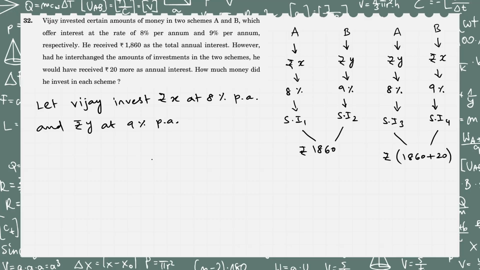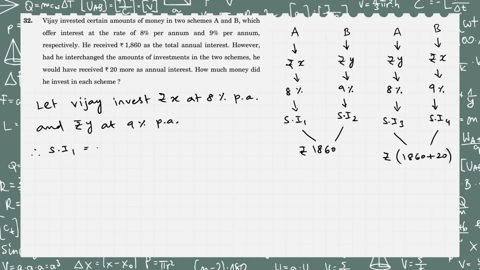So after that we have to find out the simple interest obtained from both the schemes, right? Therefore, simple interest number 1 equal to principal into rate percent into time divided by 100, right?